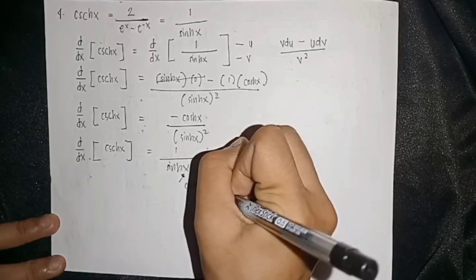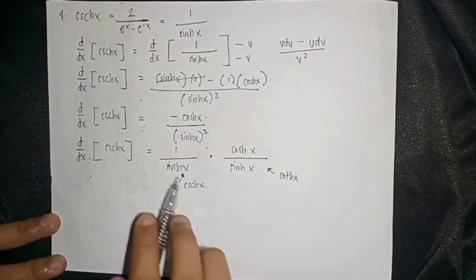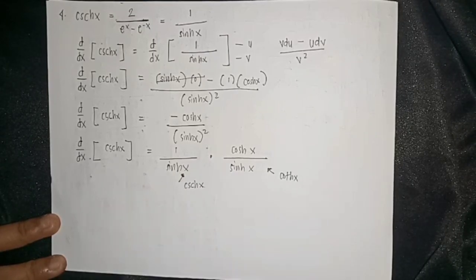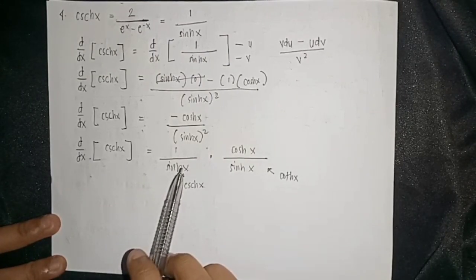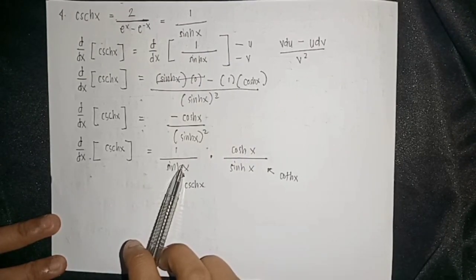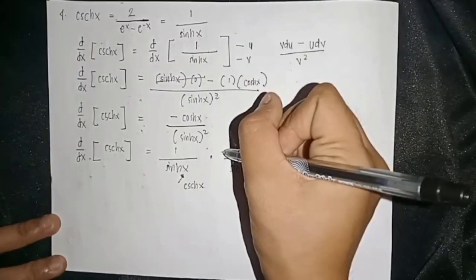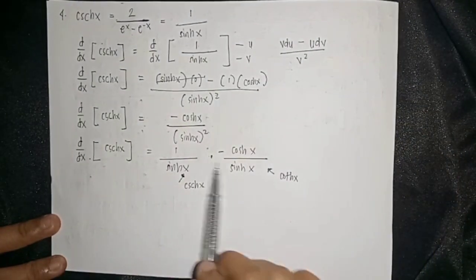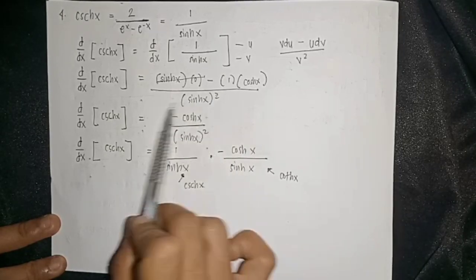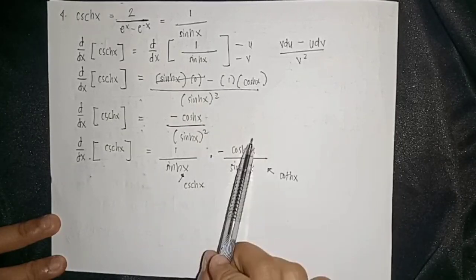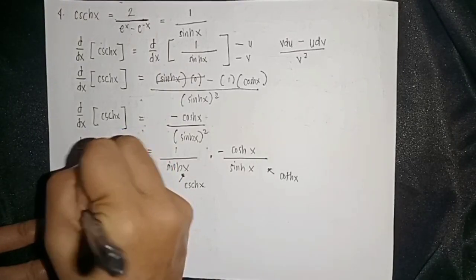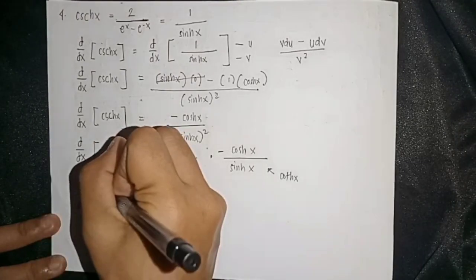And the function of the left side, which is 1 all over hyperbolic sine x, is equal to hyperbolic cosecant x. Again, do not forget to put a negative sign on this function, which is the negative hyperbolic cosine x all over hyperbolic sine x.